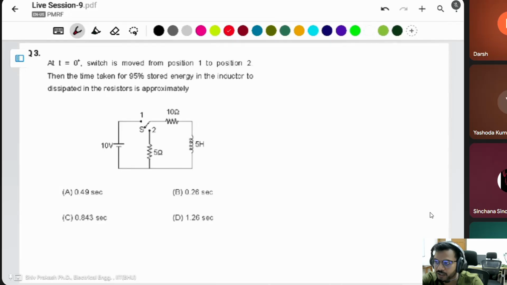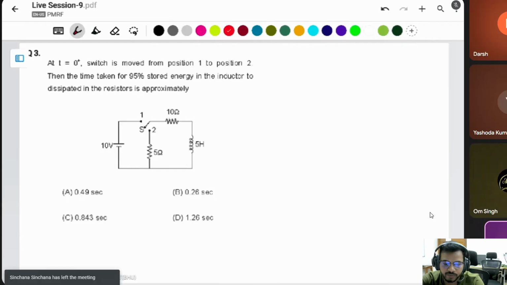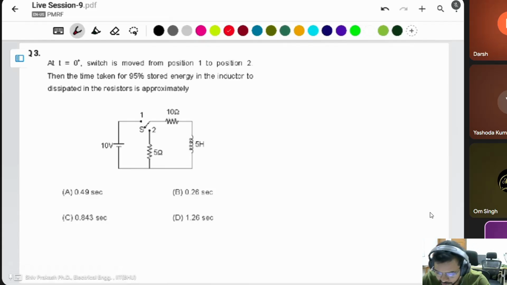If anybody has a property to store some energy, then it will release the energy by taking some time. It will take some time to release all the energy or to respond. That's why the energy storing element has some time constant. These provide some transient effect on the circuit.